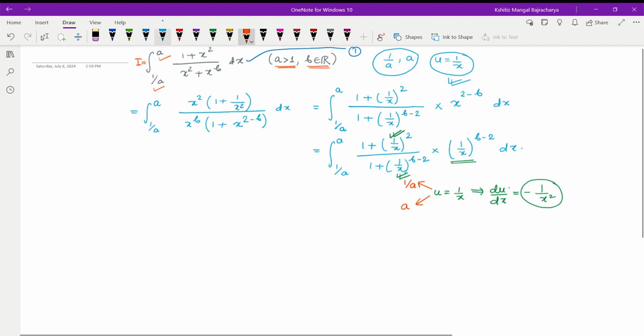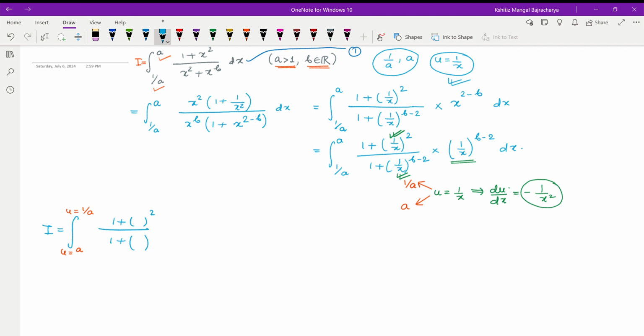So we're going to get something like this. Integration, the limits of integration as a, 1 over a. These are the values of u, if you are getting confused. We have 1 plus something, raised to the power 2, times 1 plus something raised to the power b minus 2, times something raised to the power b minus 2, and we're going to change the variable to u.